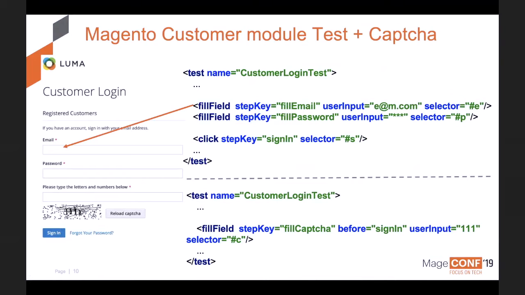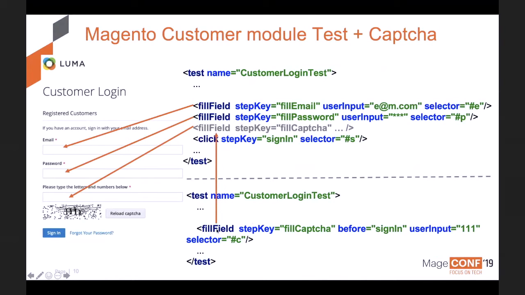When we run the customer login test, first of all, it will fill the email, then fill the password. Then magic will happen. The field from your extension or your own module will be merged into the main Magento test. It will be merged before clicking the sign in button because we specified it right here. We specified that this step should be executed before clicking the sign in button.